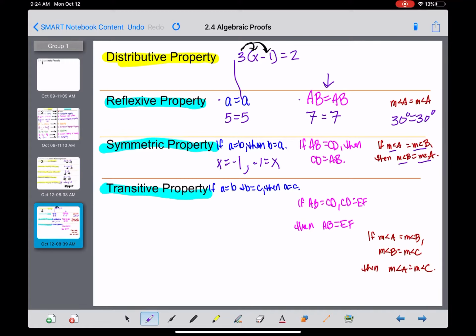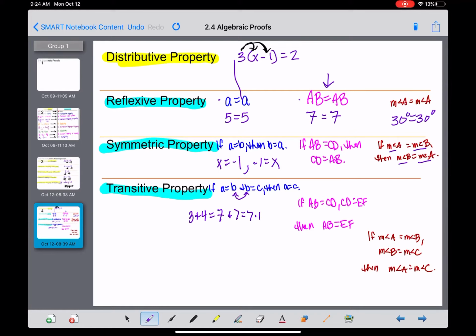And then the last important property is the transitive property. All right, so we'll use the example. If A is equal to B and B is equal to C, so they're both equal to B, then we're allowed to conclude that A is also equal to C. So an example of what this might look like with values is if I have 3 plus 4 is equal to 7, and 7 is equal to 7 times 1.